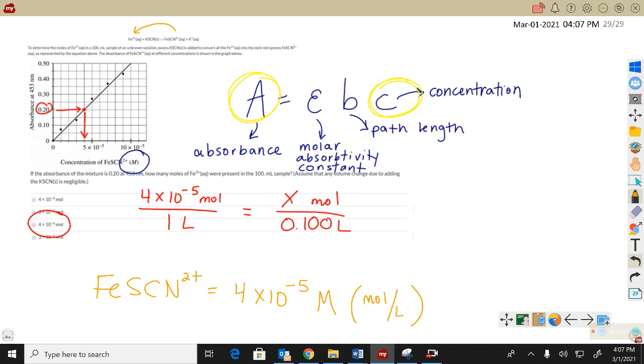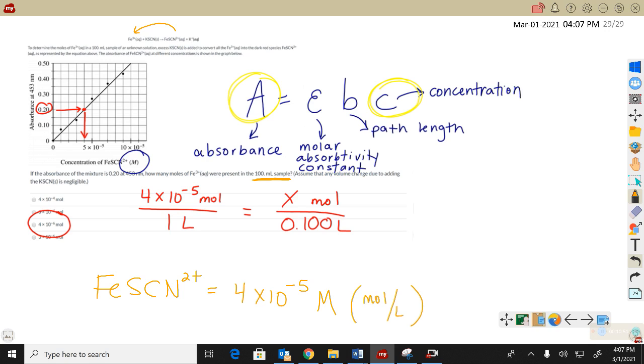But the question says that I only used a 100 milliliter sample. Oh, brother. So I just set up a little proportion to say, okay, well, if there would have been 4 times 10 to the negative fifth moles in a liter, how many moles in just 100 milliliters? And that's how we get the 4 times 10 to the negative sixth moles of iron.